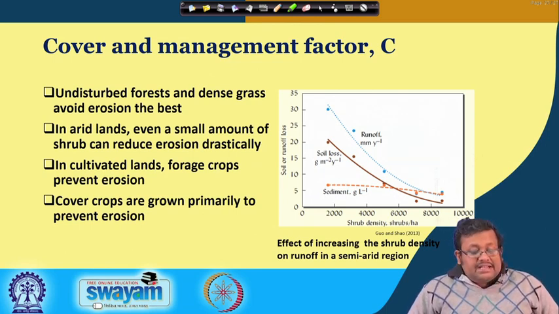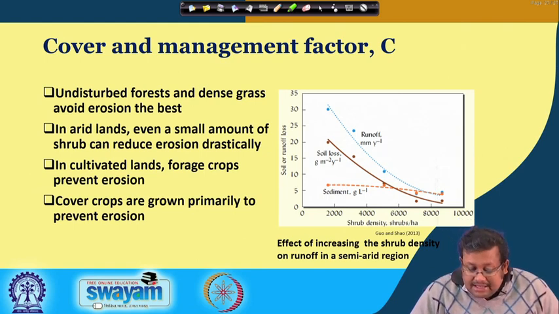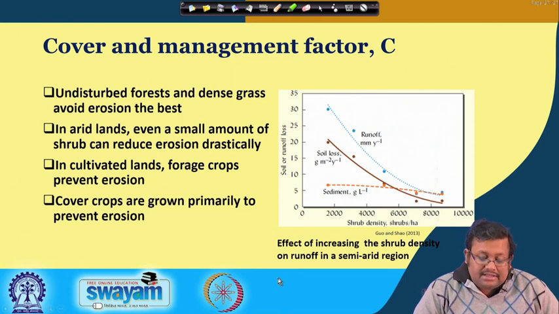And in cultivated lands, forage crops can prevent erosion, and finally cover crops are grown primarily to prevent erosion. So you can see this is the effect of increasing shrub density on runoff in a semi-arid region. On the x-axis this is shrub density per hectare, and on the y-axis this is soil loss and runoff.